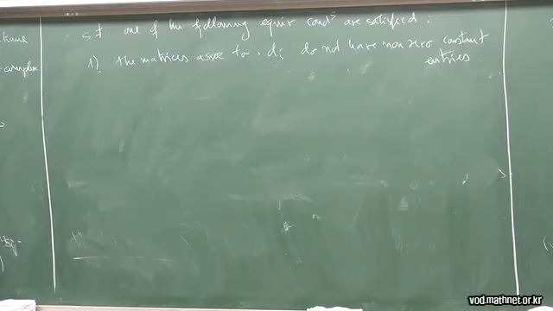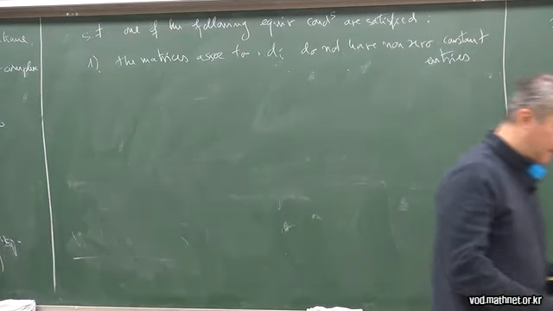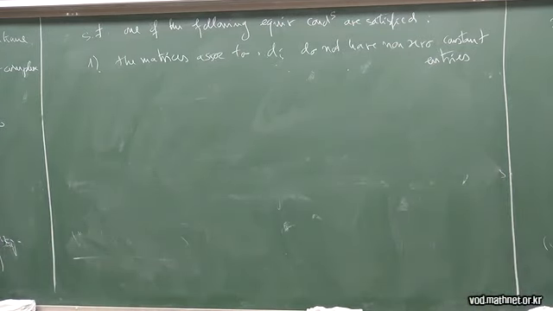Since everything is graded, the entries of these matrices are homogeneous polynomials, and the requirement is that they are either 0 or of degree at least 1. So we have no constant non-zero entries in these matrices.